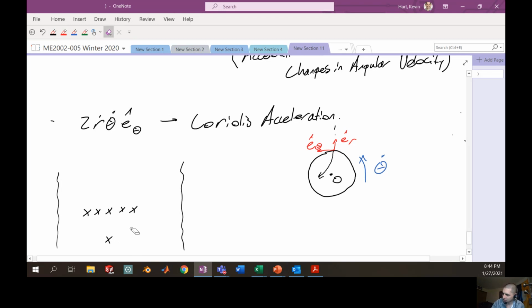Because he's traveling to the right, if he wants to hit a receiver that's moving across the field this way, since he already has some velocity in this general direction, if he were to throw it straight ahead, it's going to arc off to the side because he has some inherent velocity already.